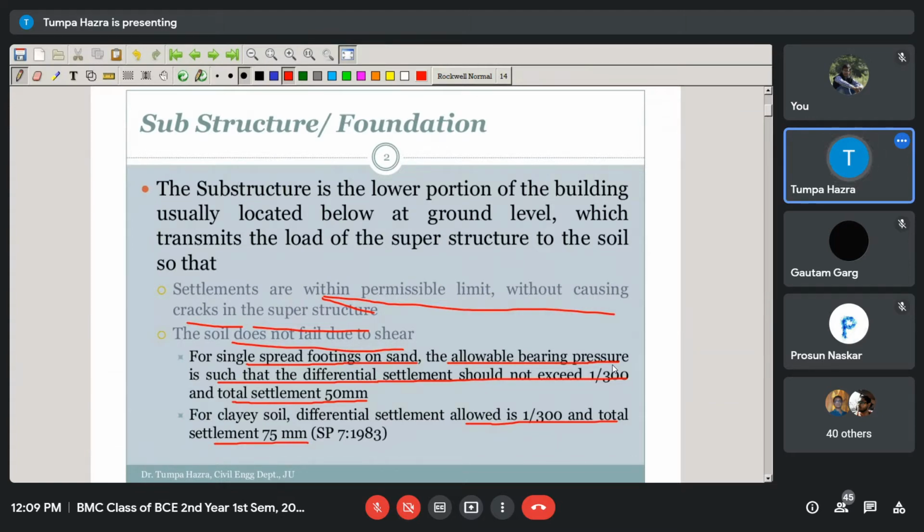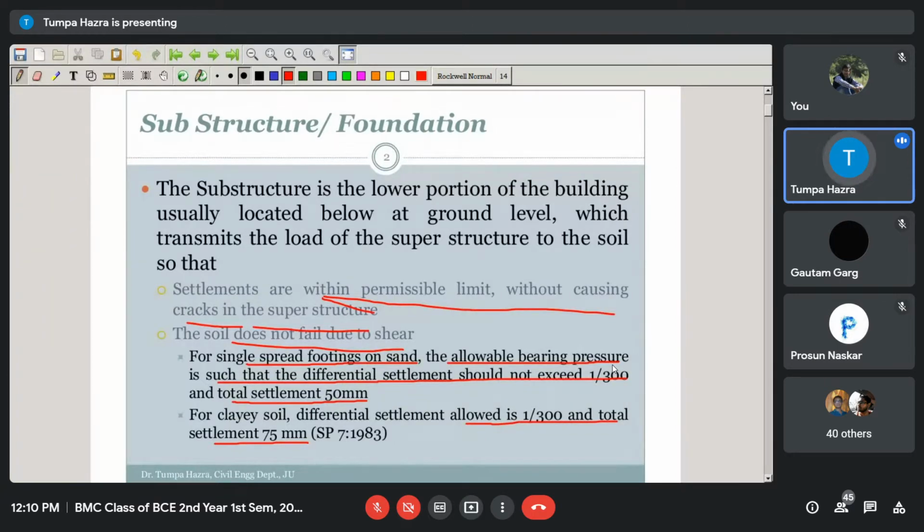Okay, so therefore, if the settlement is slight and uniform throughout, then there will be no damage caused in the building. But if the settlement is excessive or unequal, then serious damage may result.